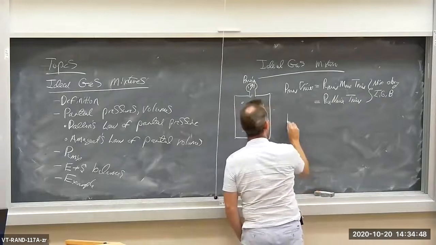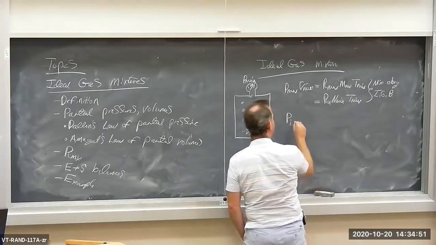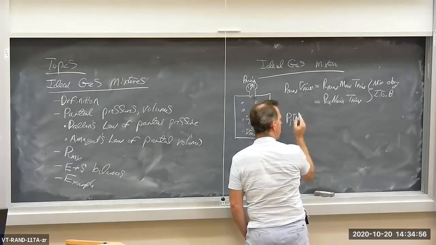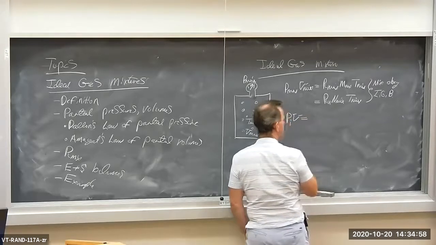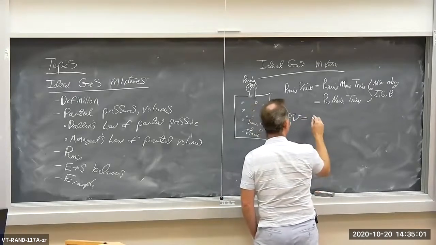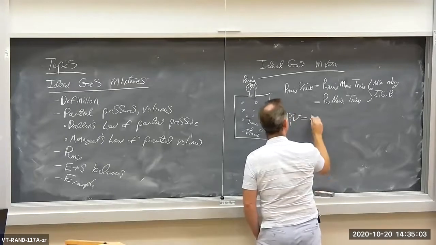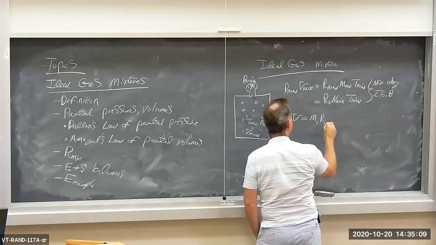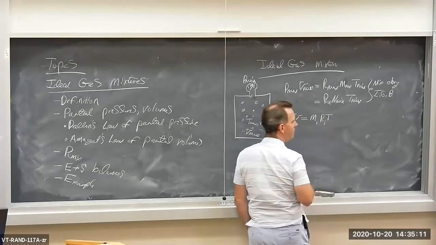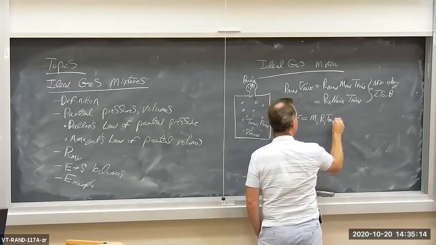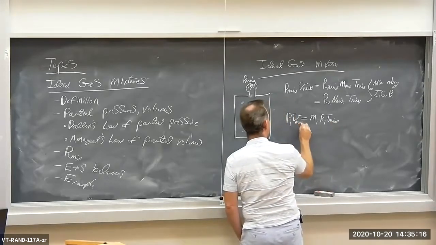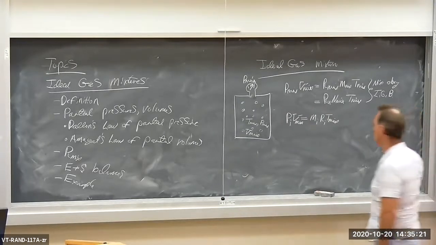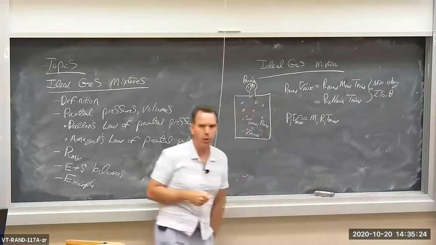So we also have the pressure of the ith component, P_i, times the volume, is equal to the mass of component i times the gas constant for component i times the temperature of the mixture. And this volume is also the volume of the mixture. So each component obeys this equation here.